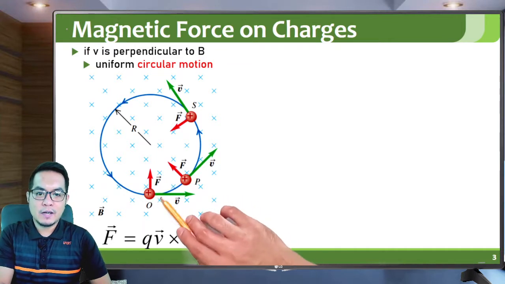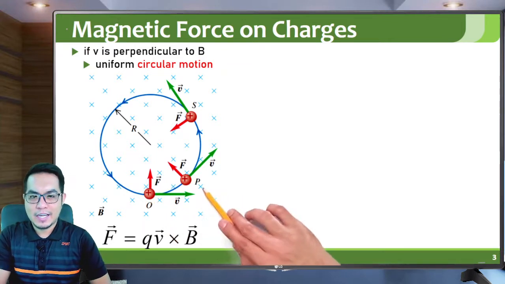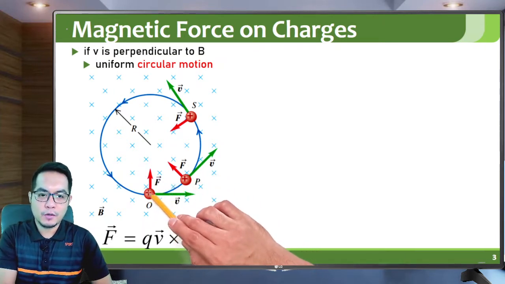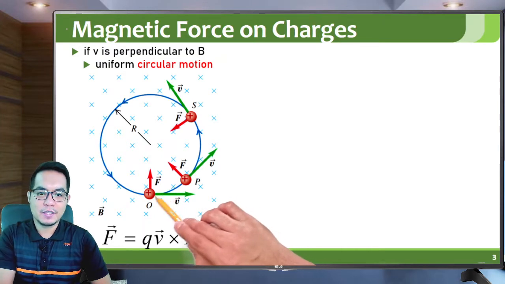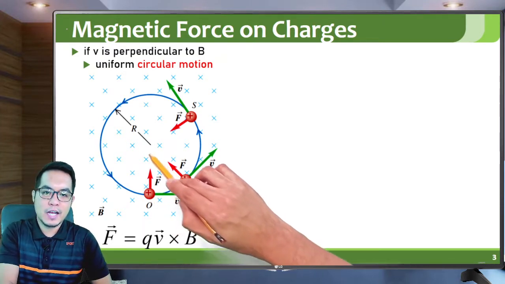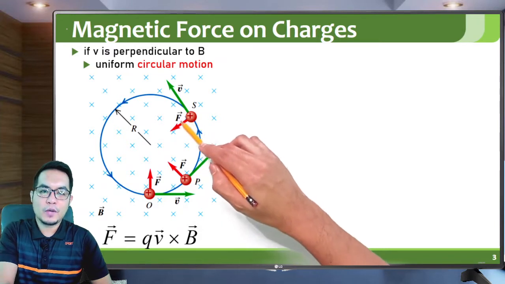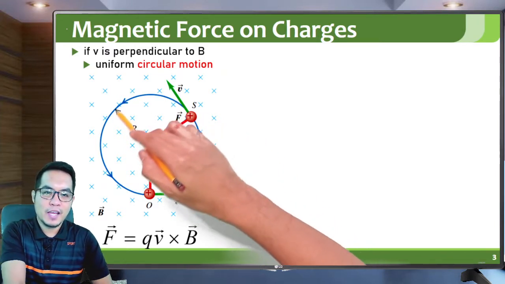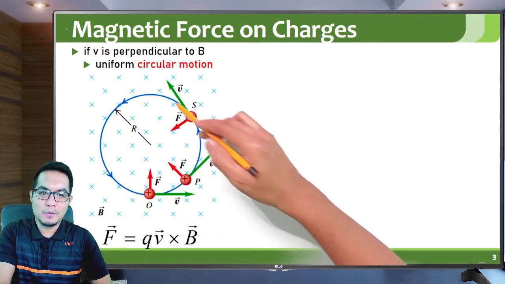Since the charge is moving to the right, but there's a magnetic force pushing it upward, it will curve in this direction. You will notice that at every point, the force is always directed towards a common center, hence forming a circular motion.